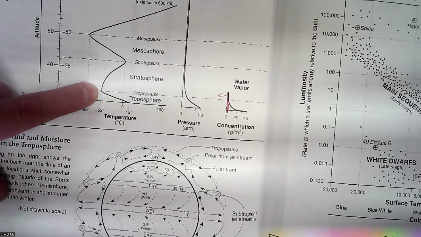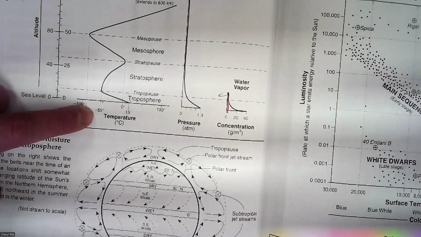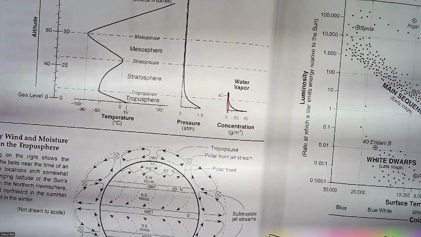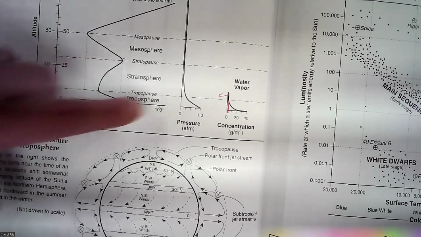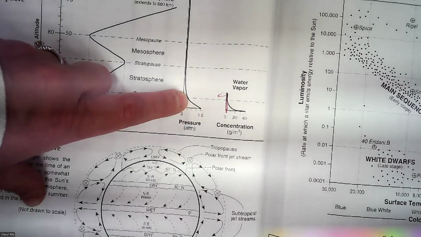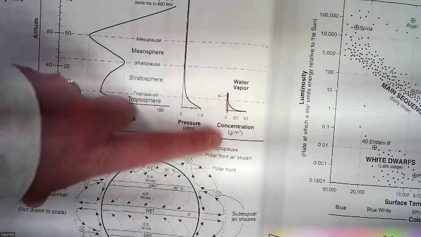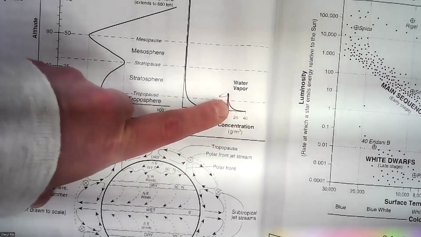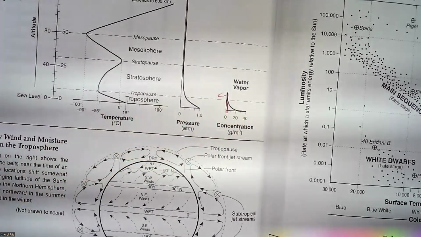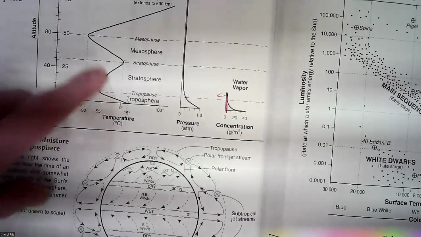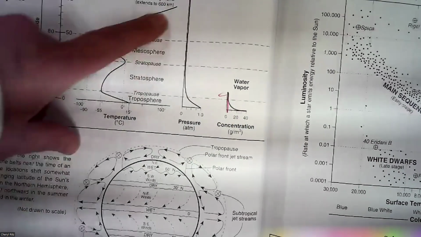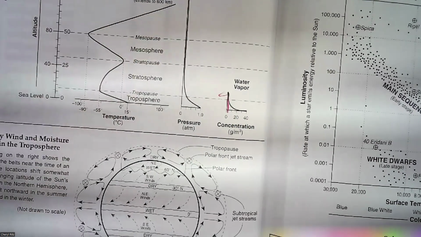And as you get higher in the atmosphere, the temperature does go down to -55. So the temperature decreases in that layer. Pressure starts at 1, gets over to about 0.25. Water vapor starts around 40 and gets practically to 0 in the troposphere. So everything decreases in the troposphere. But if you had done the whole atmosphere, you might have thought that eventually the temperature went up in the atmosphere. So that might have been it.